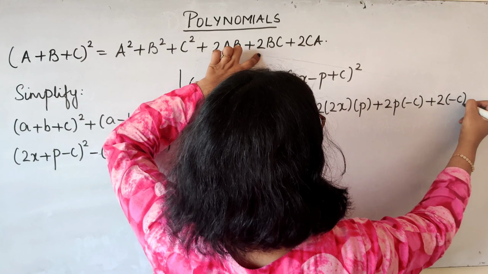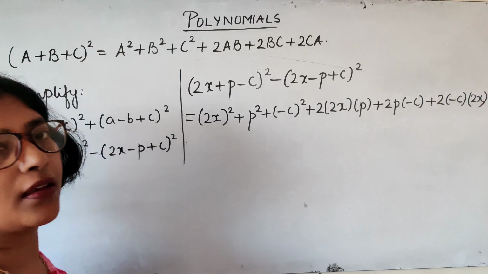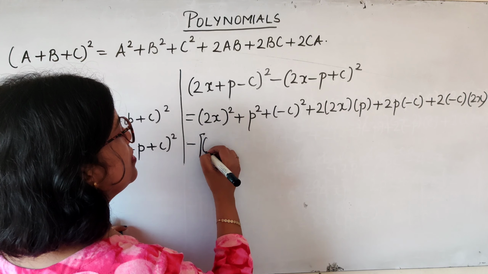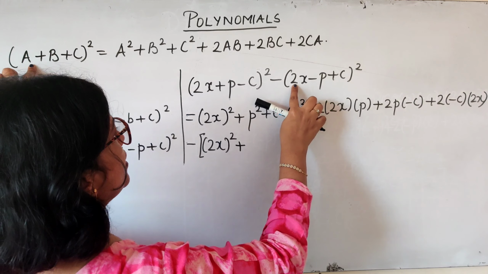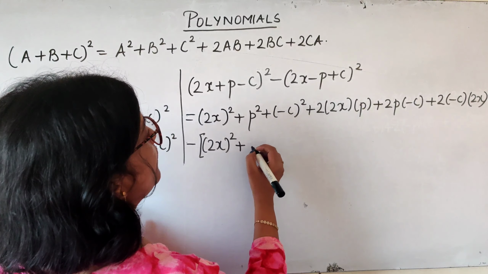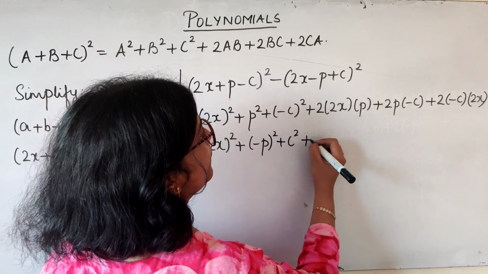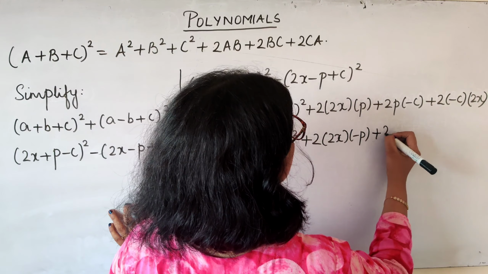So we have this expansion of the first term. Expansion of the second is the same kind, only now our capital A is 2x, b is minus p and c is c. So we have minus p square plus c square, and writing in the identity we have this.